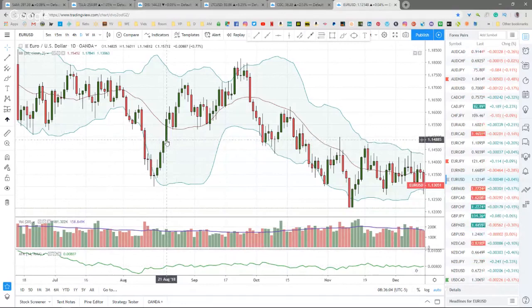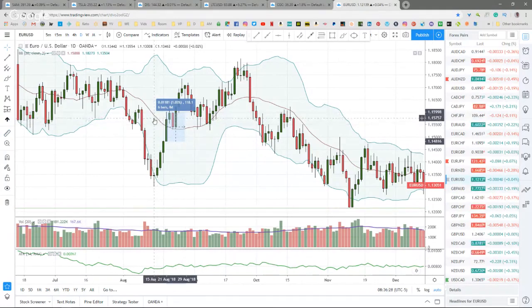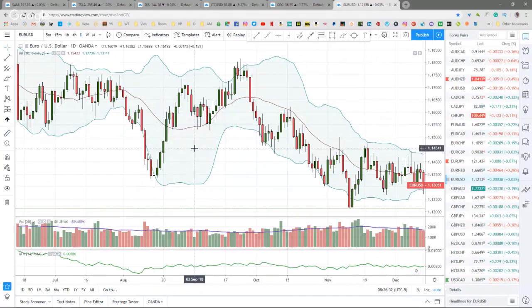When I have the cursor over that, you see the ATR is 80 pips, 81 pips. And this candle is 114 pips long. So I would say that if the candle is at least equal to the ATR or longer and closes in the top, say 15, 20% of the candle, I would call that a good candle signal. And of course it has to cross the center band.